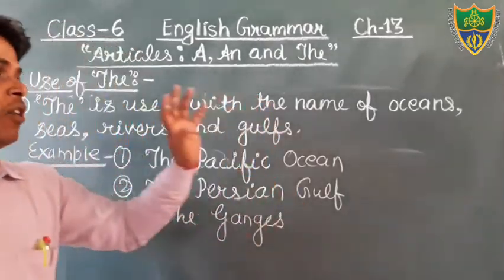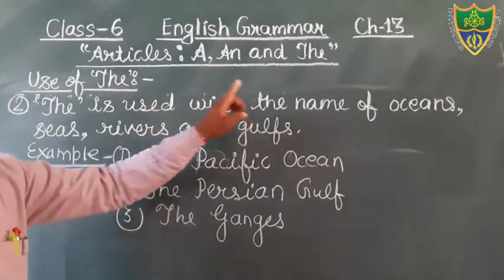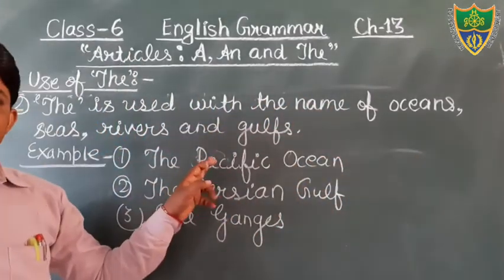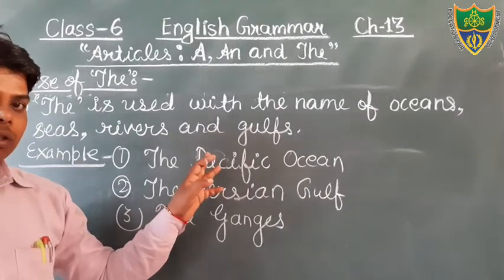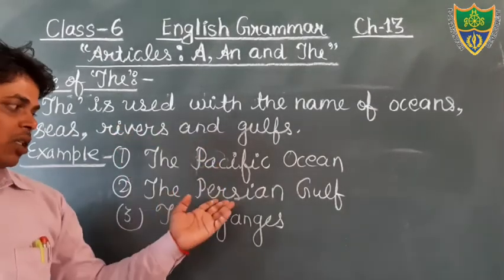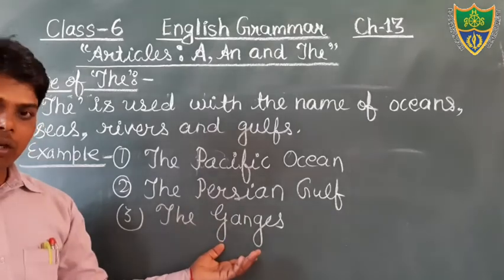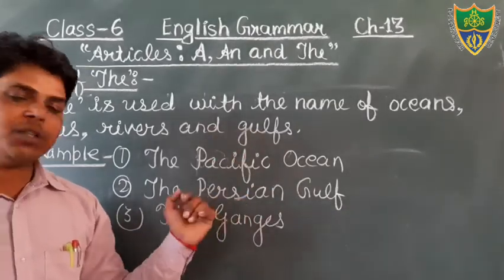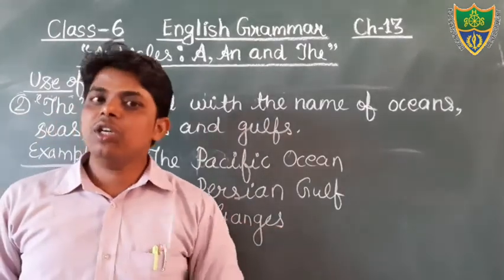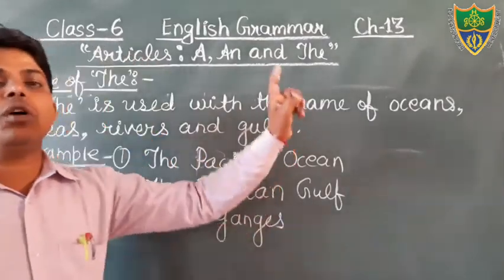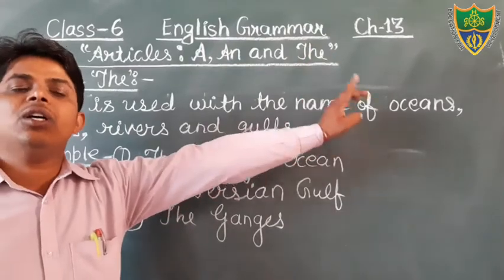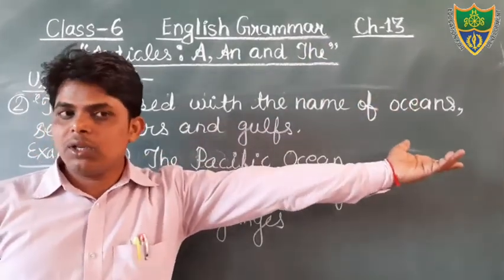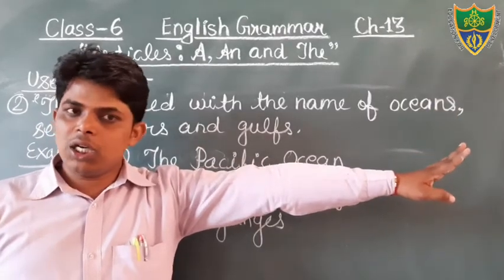So students, keep in your mind that we use the article the with the name of oceans, for example the Pacific, seas and rivers, for example the Ganga. Ganga is a river. And gulfs, the Persian Gulf.